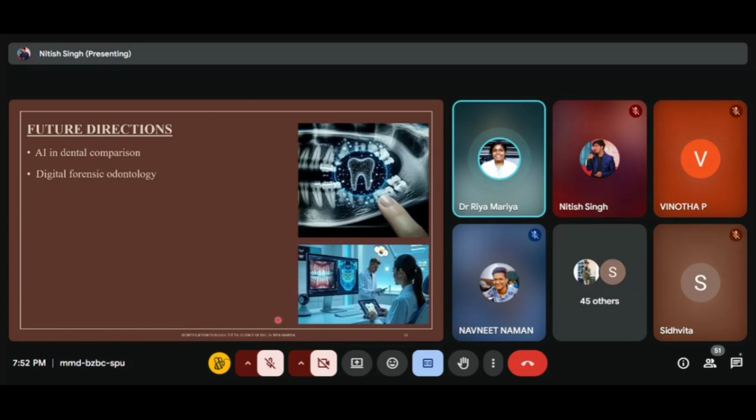To verify and all, we can use AI for that. In comparison also AI will be assisting. It's all future perspectives. And digital forensic odontology can replace the manual methods, so the identification will be quicker.